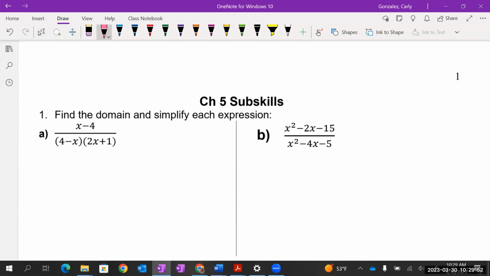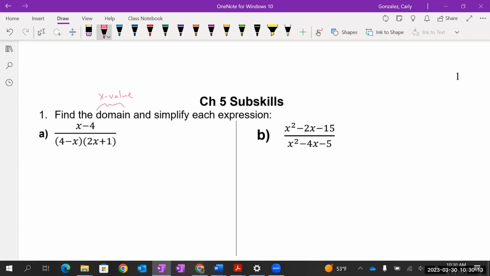remember that the domain is the set of x values where our expression is defined. So what we're trying to look for is what would make this expression undefined, and we have to exclude those x values that make this expression undefined.